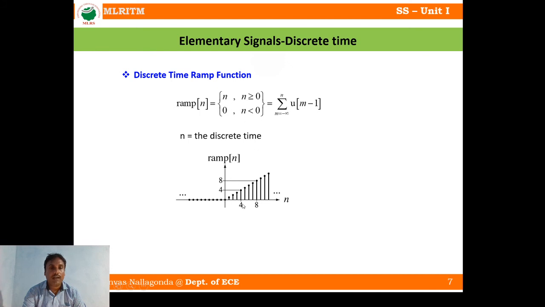If n is equal to 4, the amplitude is 4, because ramp of n is equal to n, so both the left-hand side and right-hand side involve the parameter n. When n is equal to 8, the amplitude is 8. The signal exists only on the positive side, because for n greater than or equal to 0 the signal is present, and for n less than 0 there is no signal. So this is a ramp signal in discrete format.